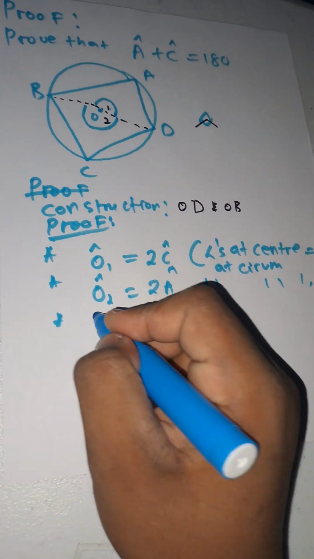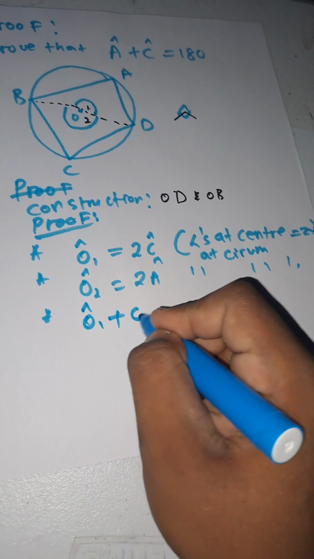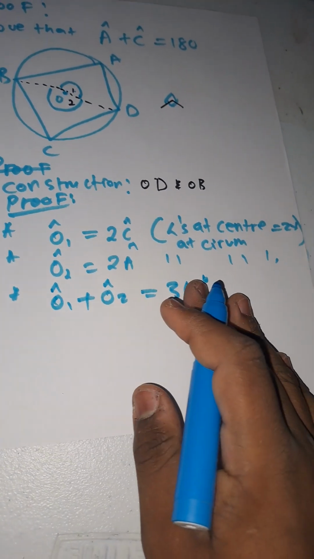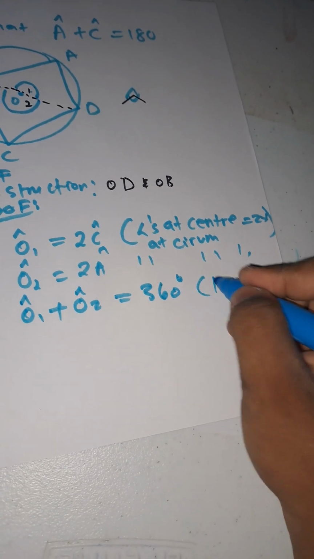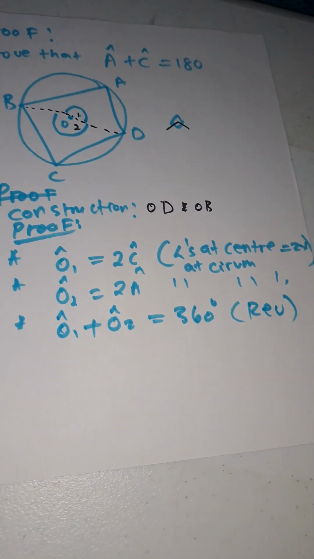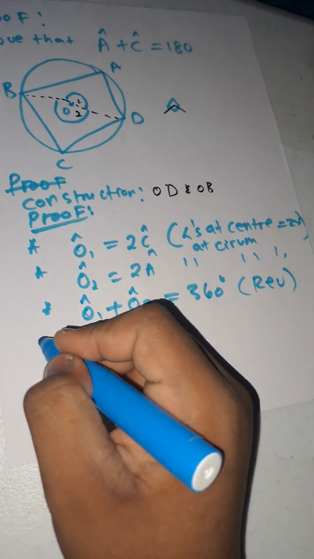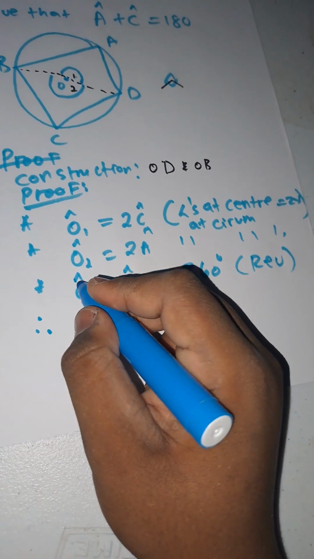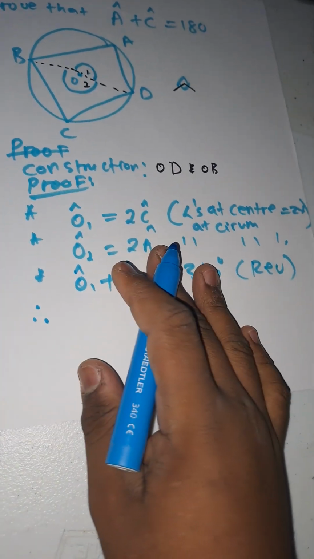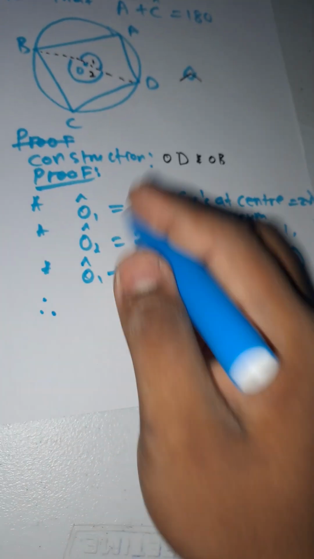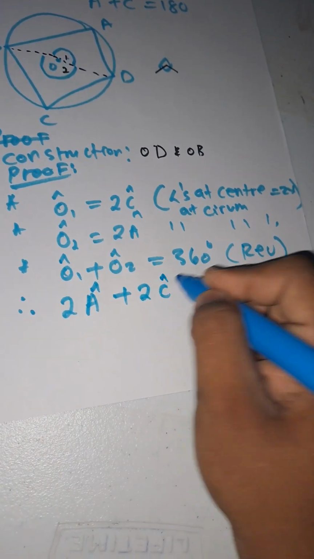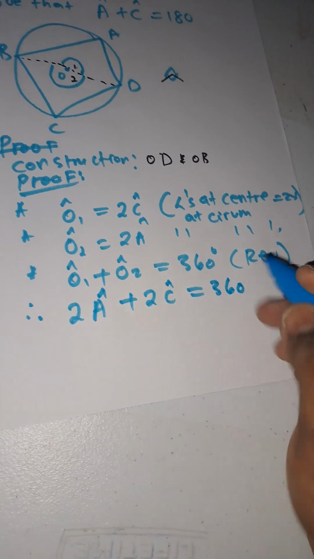Remember I told you about the revolution; revolution or angles around a point is the same thing. Therefore 2A plus 2C equals 360, right?